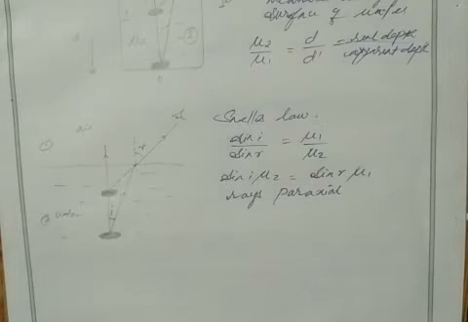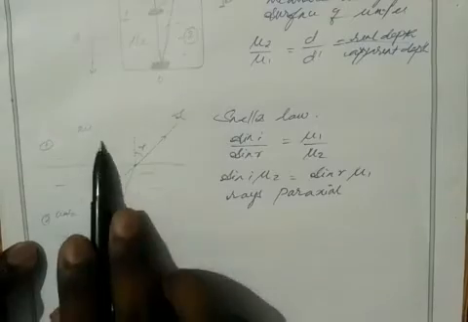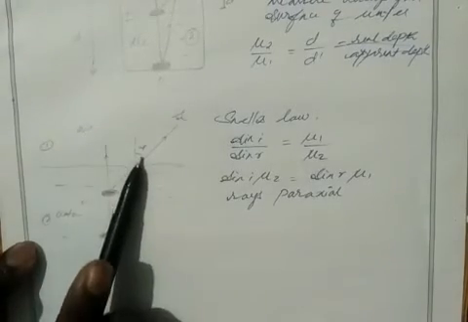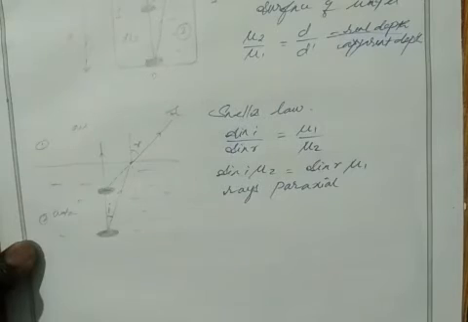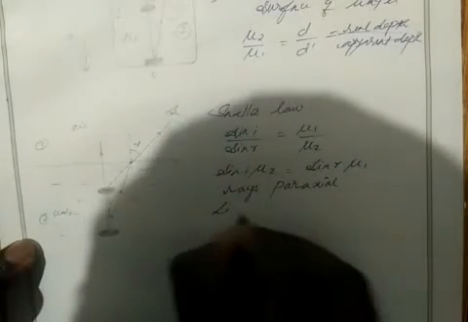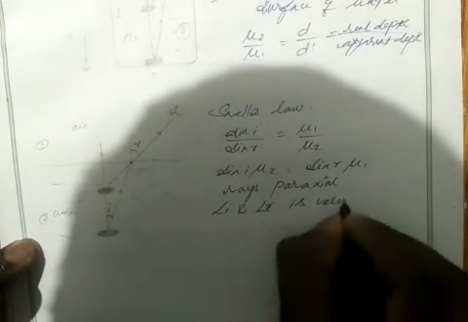So we take this ray, the normal and the refracted ray as almost in a straight line; the angles between them are very small. So we take angle i and angle r to be very small.